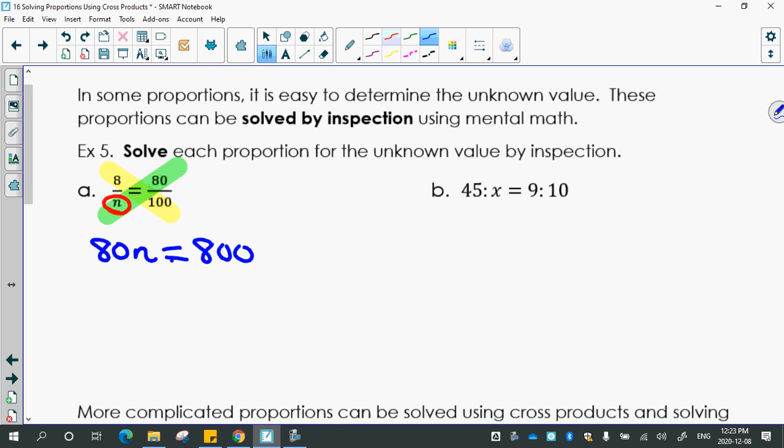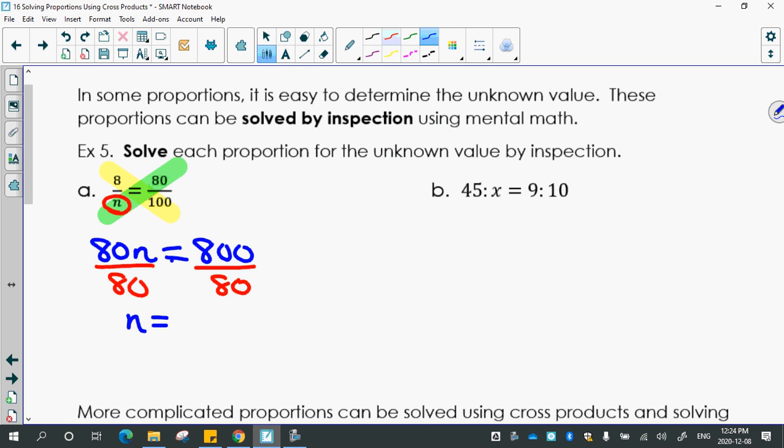So once we've done the cross products, we get this really easy equation from last 2 weeks ago to solve. 80n equals 800. How do I get n by itself? Yep. You divide it by 80. So you divide it by the number in front of n.